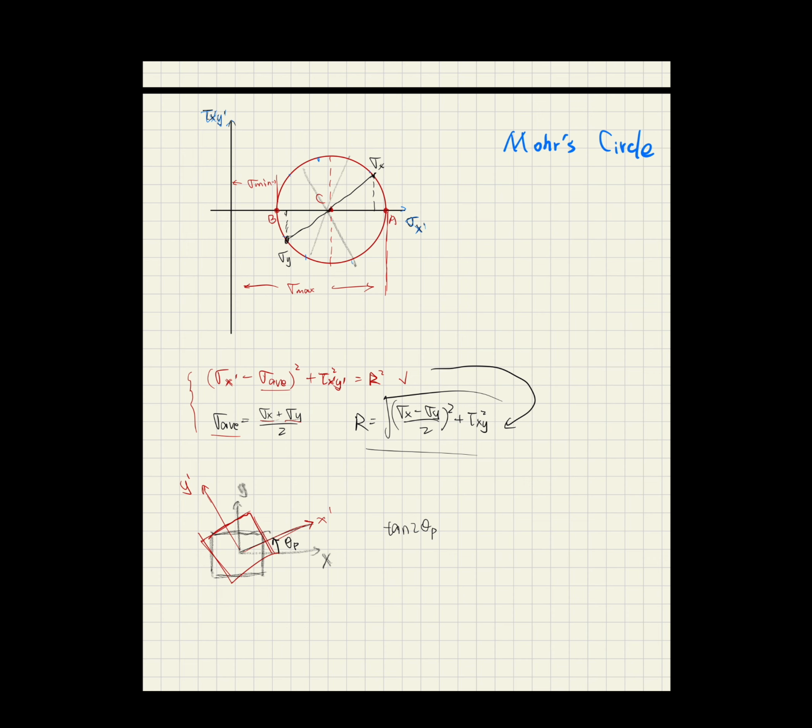We want to know how we rotate it, or in which direction it reaches sigma maximum and sigma minimum. Or we can also ask in which direction it reaches tau xy maximum or tau xy minimum.